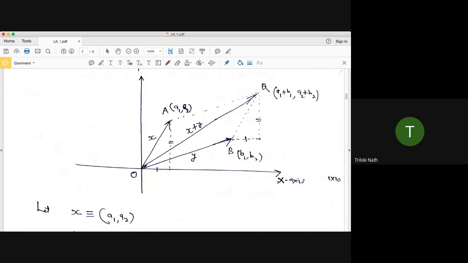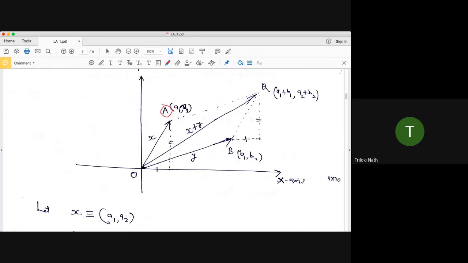From O to A, if you consider OA as a magnitude and the direction from O to A, then OA represents a vector having the magnitude of OA and the direction from O to A. In other words, x is a position vector of the point A. We call it the position vector of the point A.